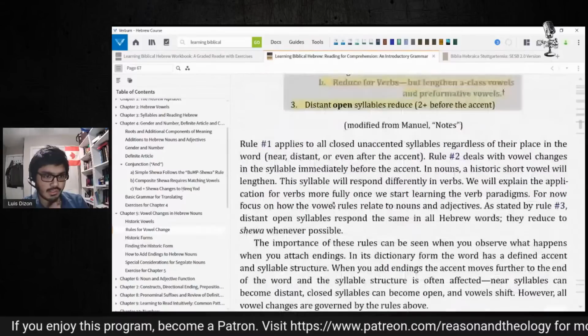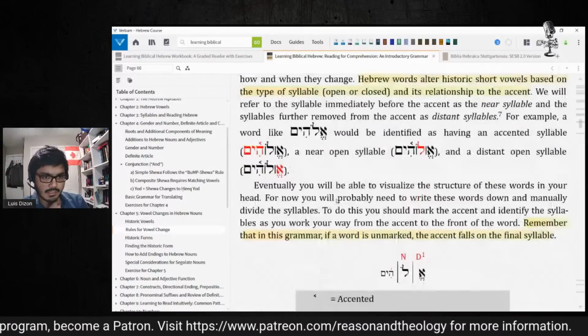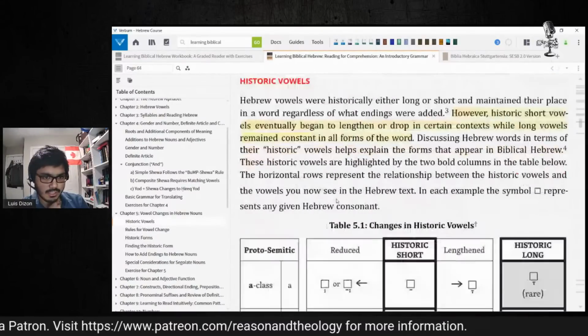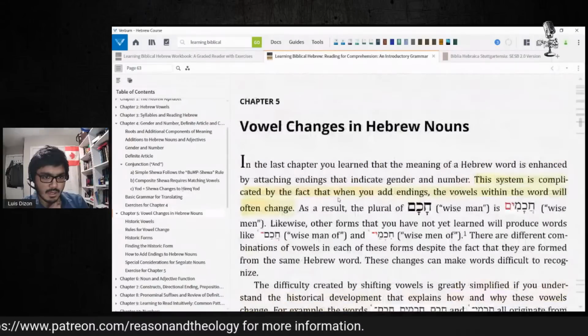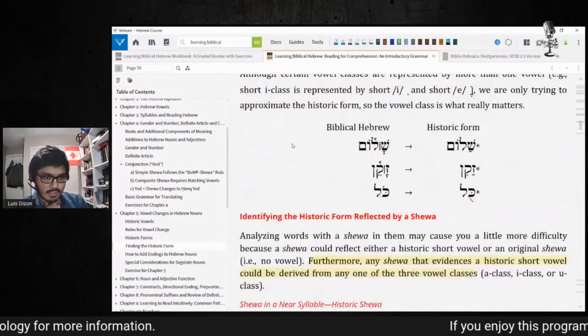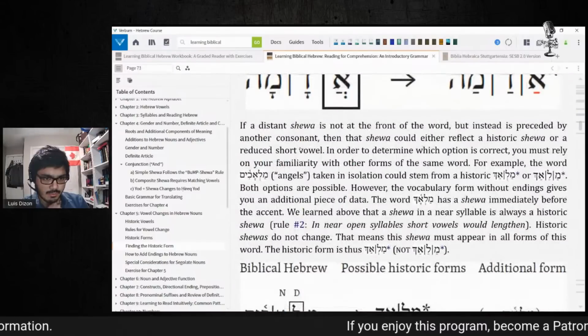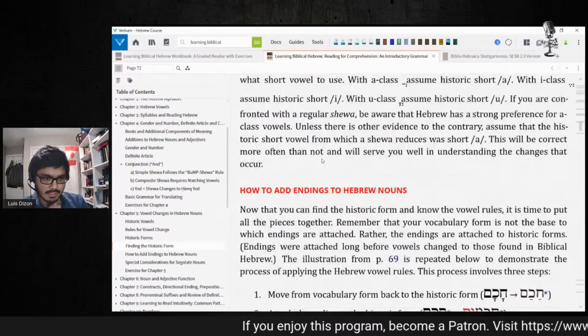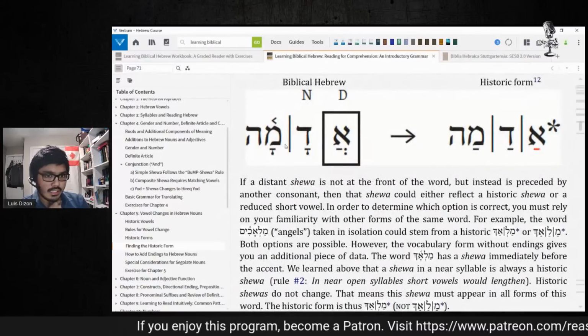The main reason you may want to learn this at a practical level is that certain words are differentiated by them. So, for example, there's actually one example that's given in this textbook.